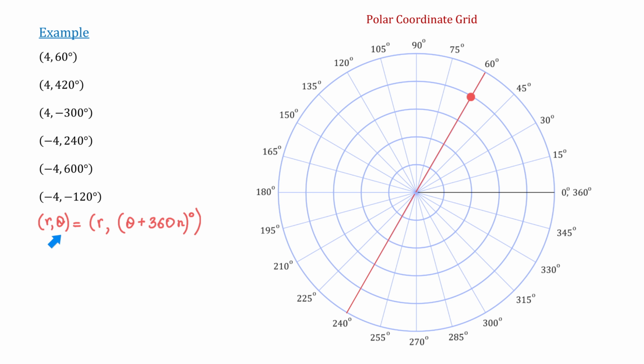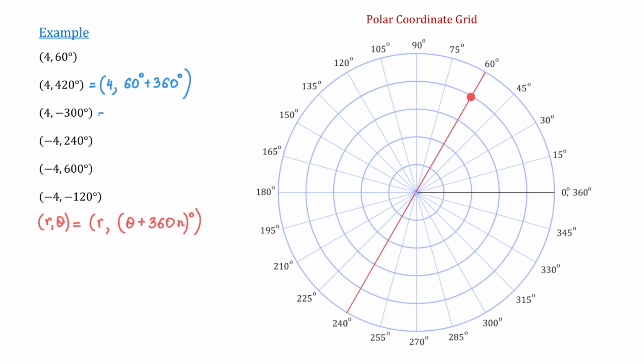So if r and theta are 4 and 60 degrees, then in the second example r stays the same, but now the angle is 60 degrees plus another 360 degrees. And we can also say that in that example n is 1, and that means that we have one full rotation.